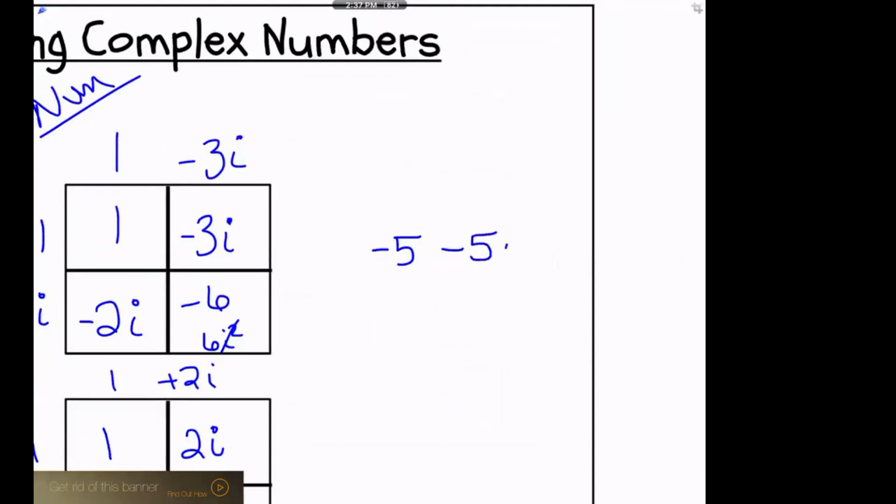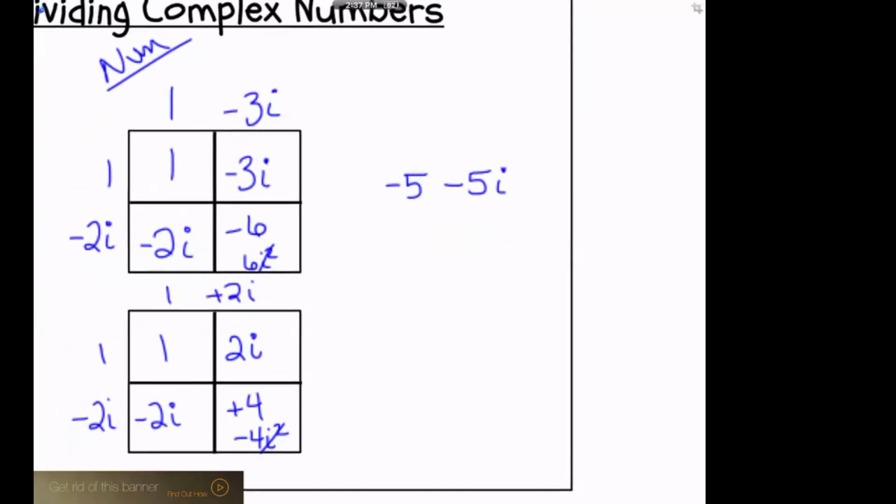Those combine to give me negative 5i. For the denominator, I have the real part just 5 because the imaginary pieces cancel as they always should.